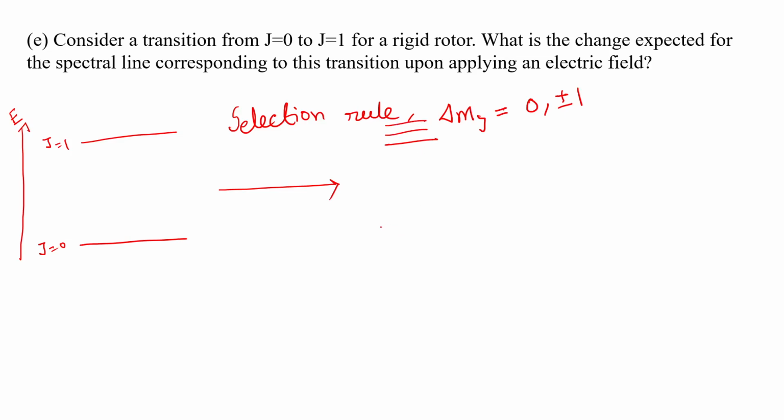It's not degenerate anymore, so they have different energies now. Here my mj equals 0. Here my mj equals minus 1, mj equals 0, mj equals plus 1. So this is one possible transition. This is another possible transition. This is another possible transition.